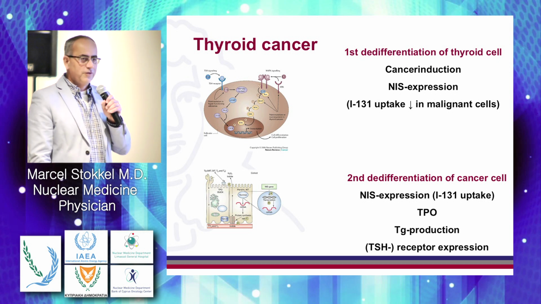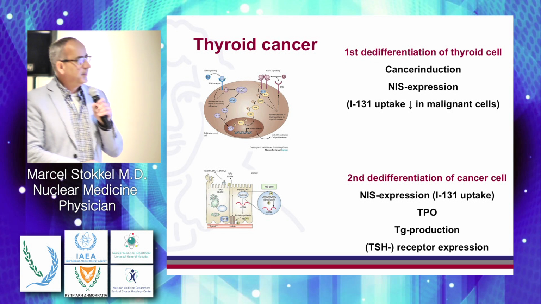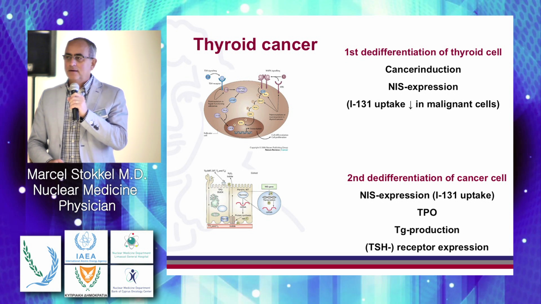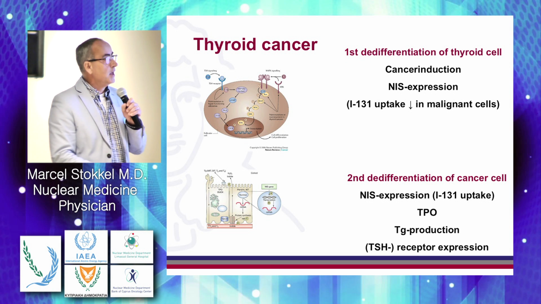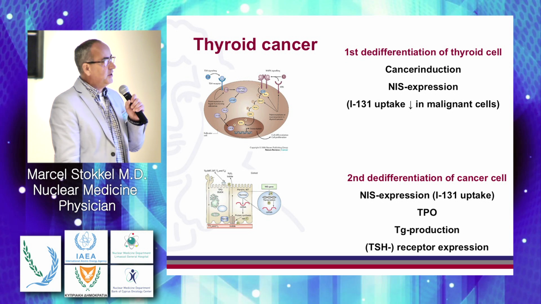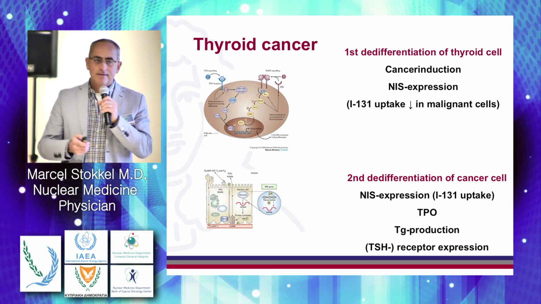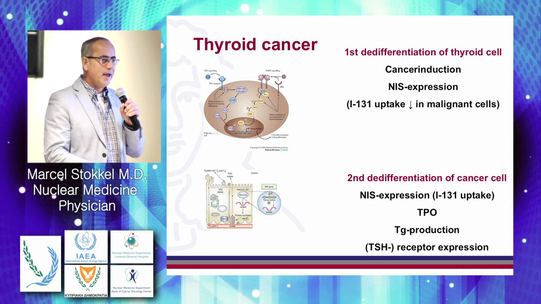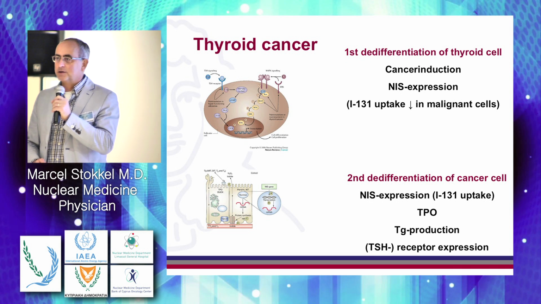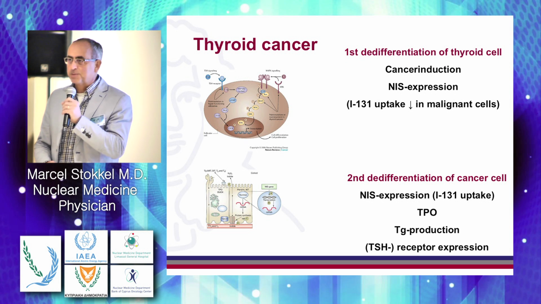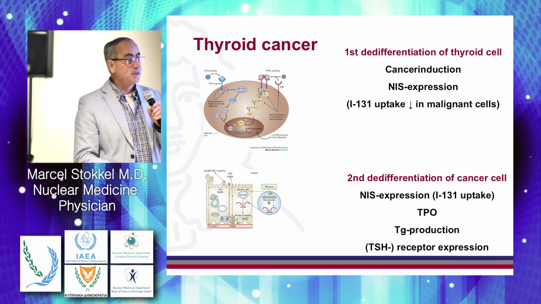And that is, in fact, the starting point for discussion. Why is it so important to know whether there are malignant cells or not? It has all to do with the uptake of radioiodine in cancer cells compared to normal cells. The first step of dedifferentiation of a thyroid cell, as mentioned yesterday, is cancer induction, and that has consequences on the sodium iodine expression on the surface. Usually the expression is less optimal and its function is less optimal than in normal thyroid cells.